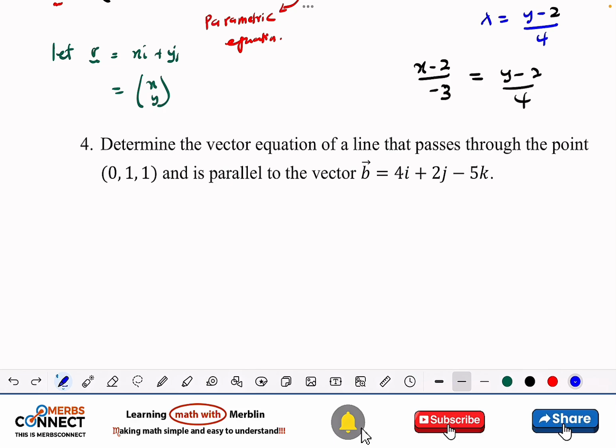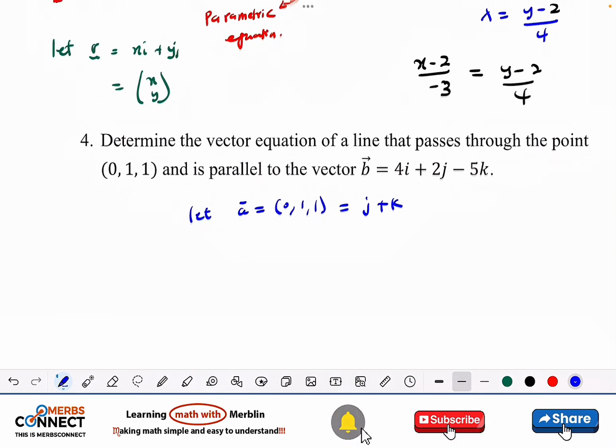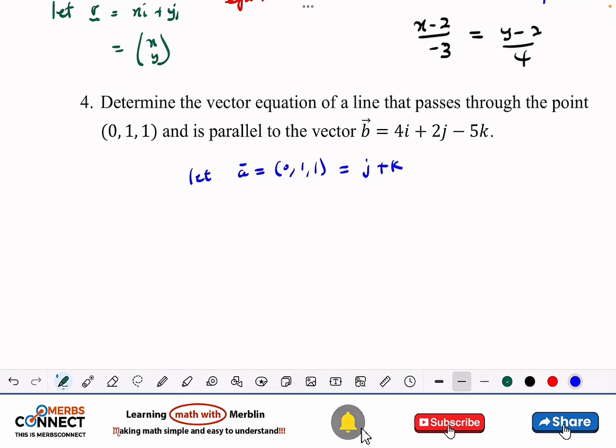Let's assume that vector a is equal to (0, 1, 1), meaning that this is j plus k, because the i direction is 0, right? So my vector r is a plus lambda b.